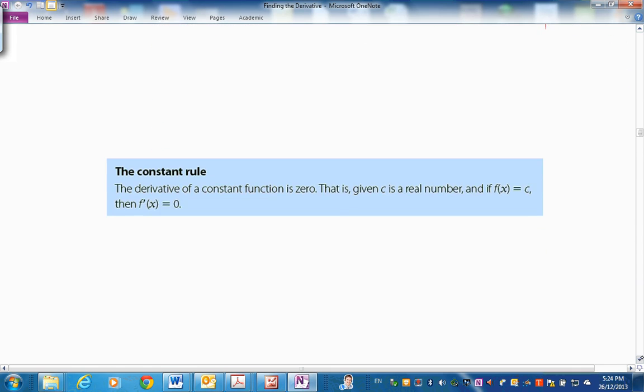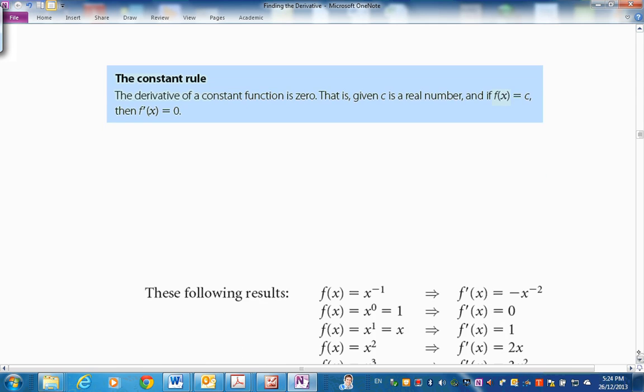They're saying, can you see the pattern? The constant rule: the derivative of a constant function is 0. That is, given c is a real number, if f(x) equals c, then the derivative is 0.